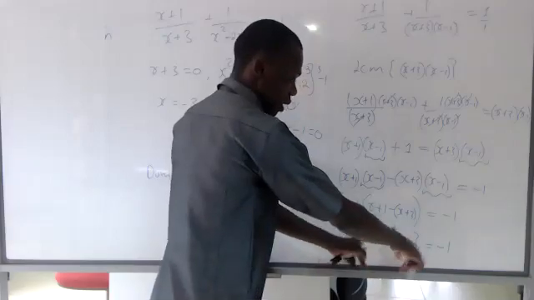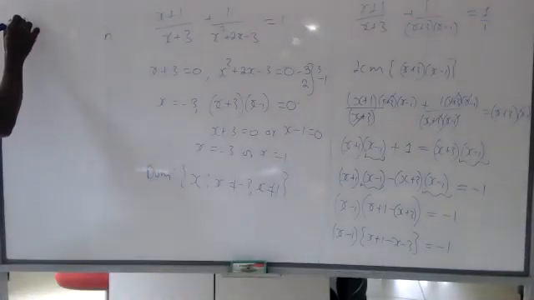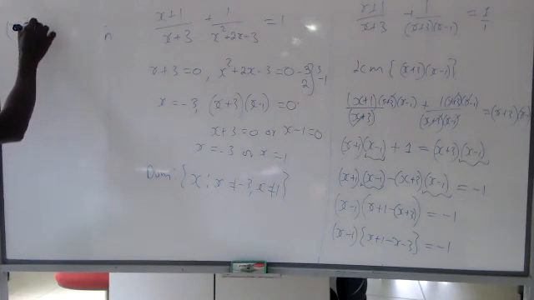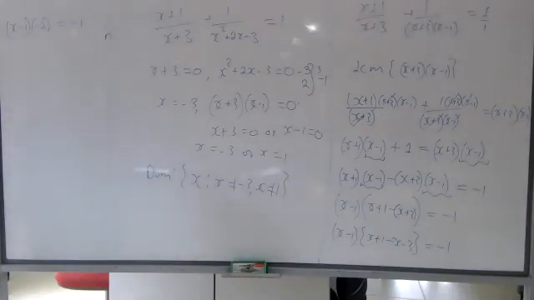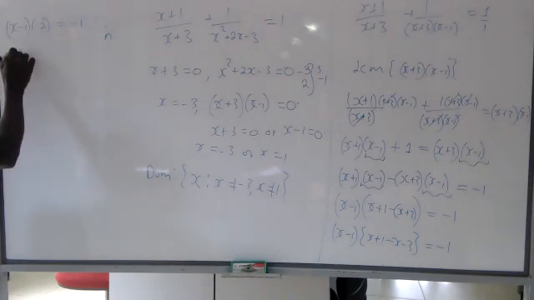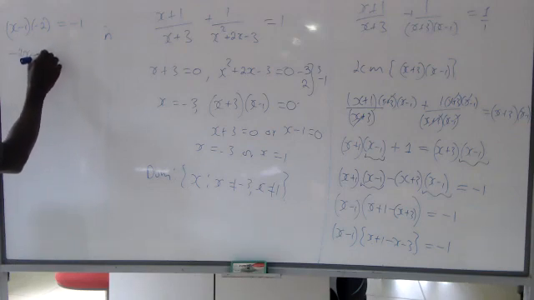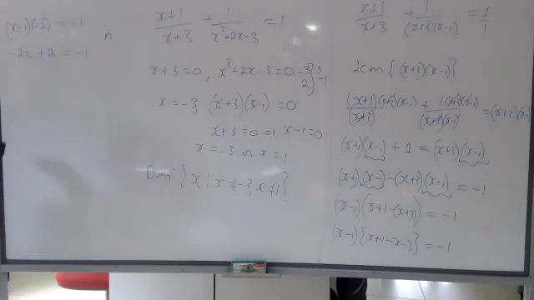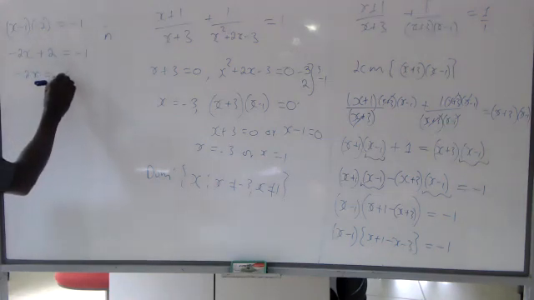So inside this big bracket, we have a -2. So we will have -2 times x minus 1 is equal to -1. Okay, you can open this parenthesis, so -2 times x, that is -2x, -2 times -1, that is +2. This gives you -1. Therefore, -2x is -1 minus 2, which is -3.